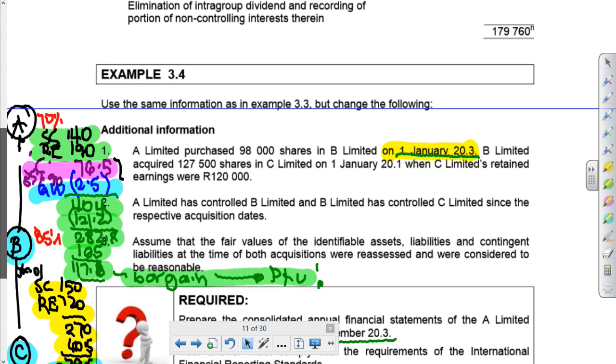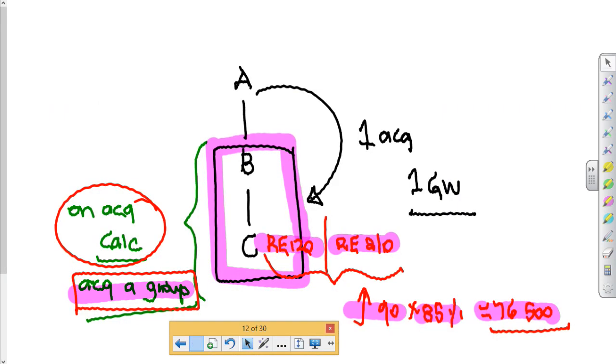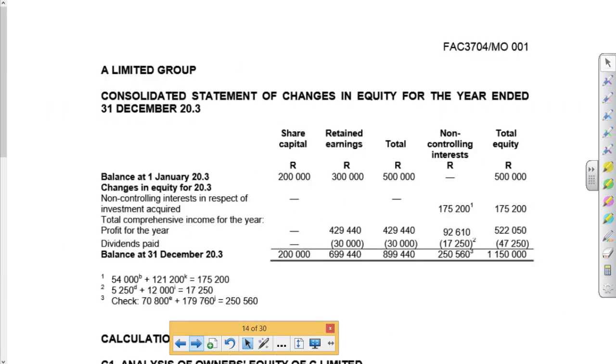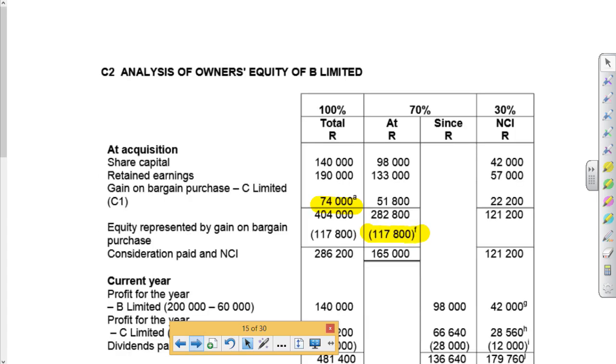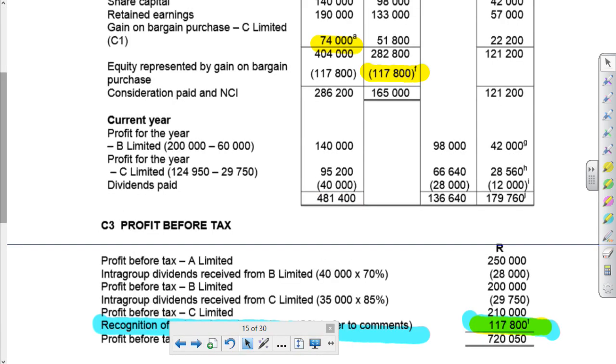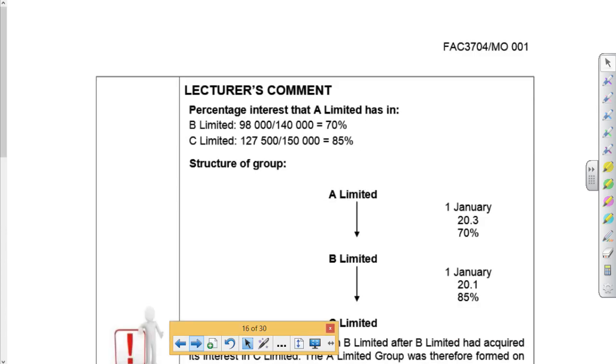So these two numbers over here tie up to their 74 that they've got, that they adjust by. But this is, I think, a preferable way to do the calculation. But it's the same number. You can see it's the 74. So there's the 74, and they get to the 117,800, which is the number that we got to.